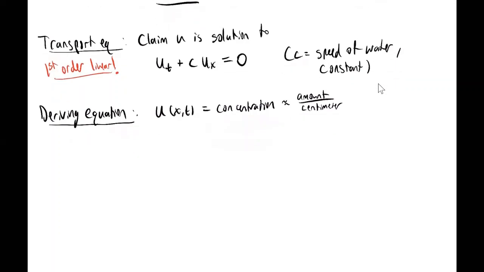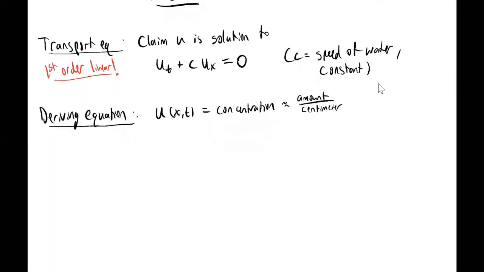And so notice that, well, what if I wanted to think about a quantity that's, right? So if you think about the system, you have whatever pollutant you put in the pipe, it's moving along to the right. However, if I fix an interval of a particular length and I let time evolve, then everything in that interval is going to move a little bit to the right at a certain speed.